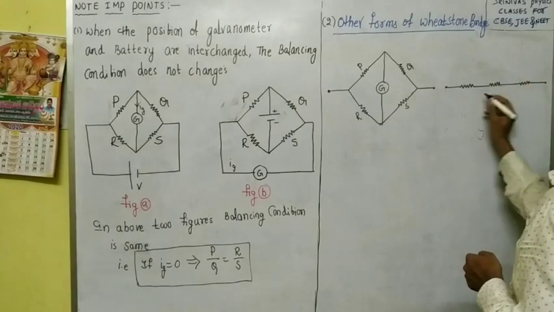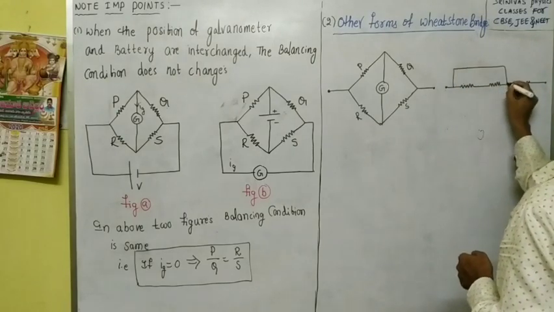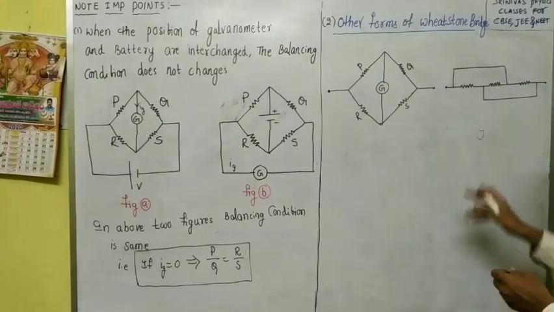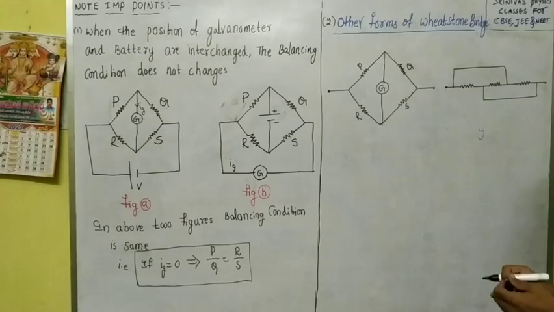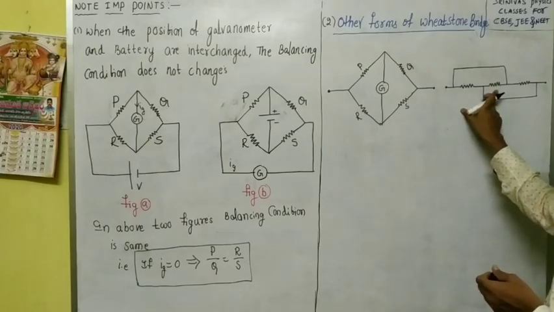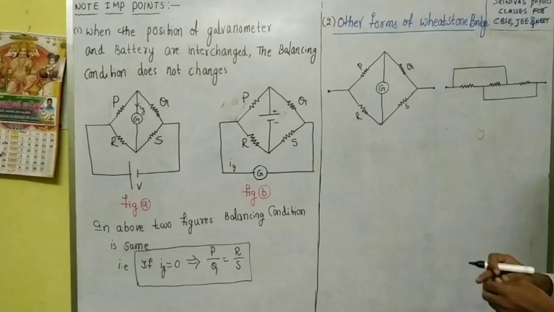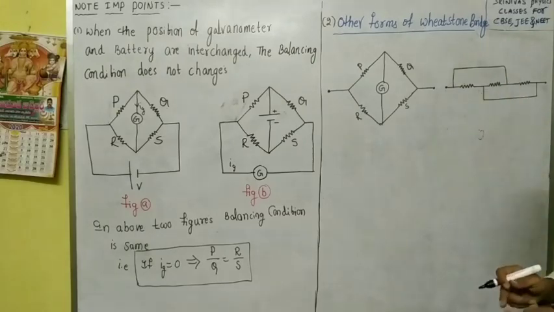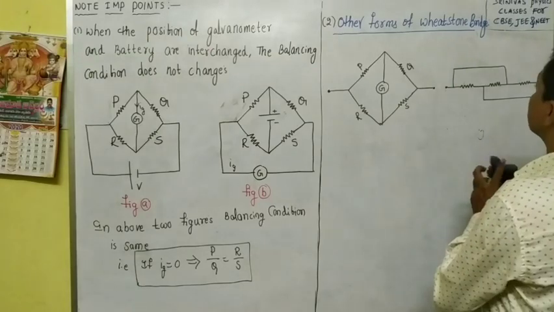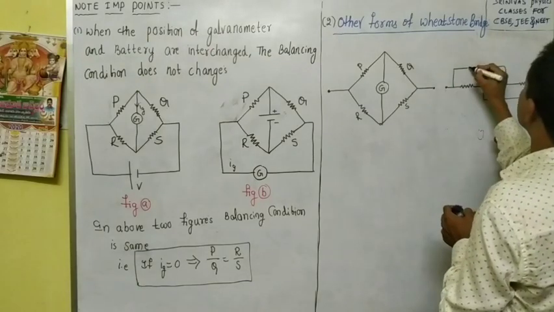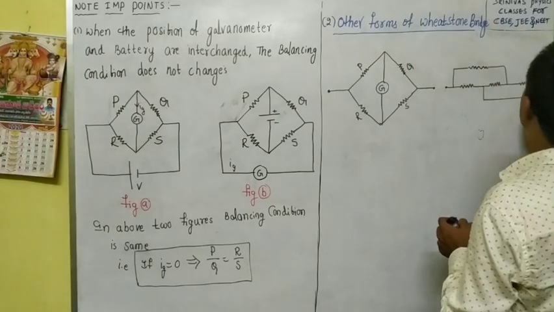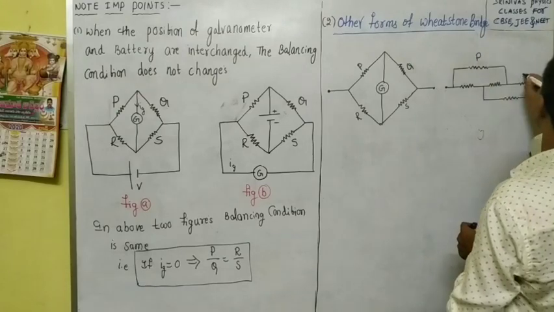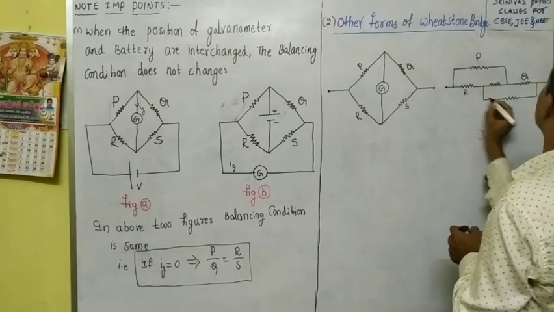These are 3 resistors, and for example, if they are connected like this, we say this is a parallel combination, due to these wires. In the previous lecture I explained this example. Here we will keep one resistance, and here also we will keep one resistance, and this is P, this is Q, this is R and this is S.